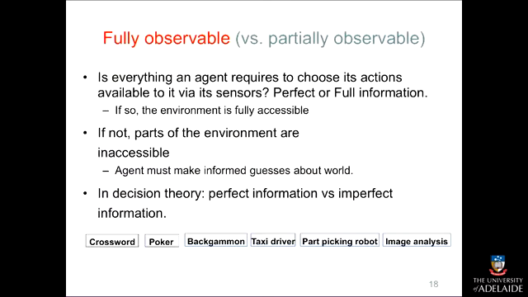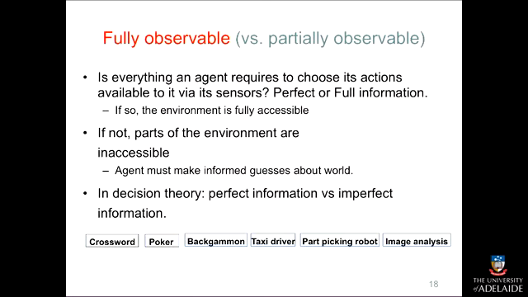So first of all, fully observable, or in the words of the textbook, fully accessible is the alternative notation. Is everything that an agent requires to choose its action available to it via its sensors or in its internal memory? If so, then the environment is fully accessible. Okay?